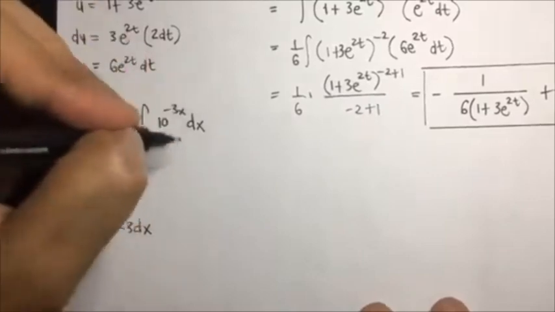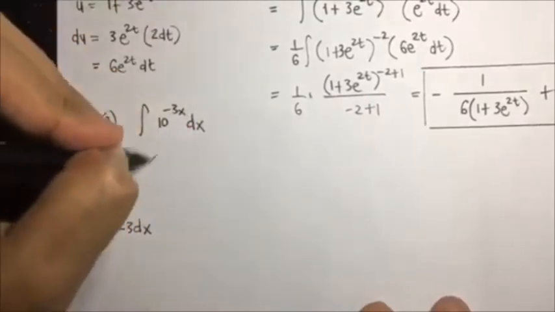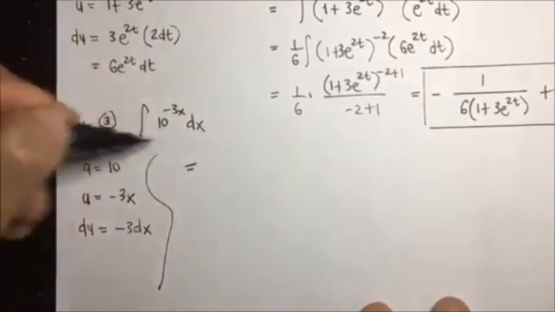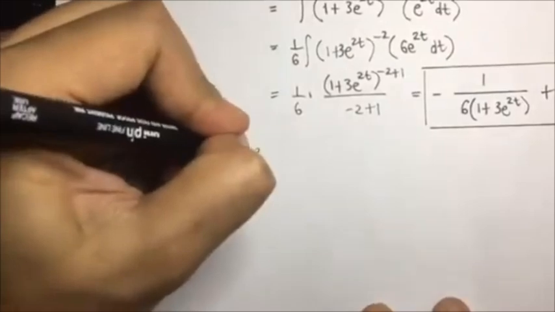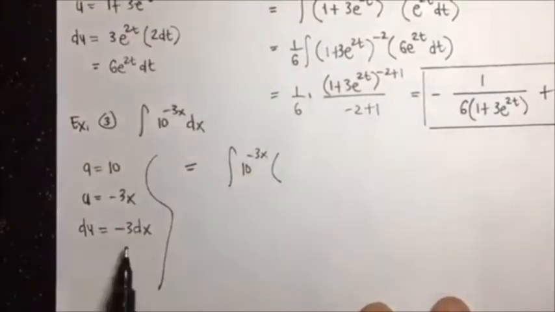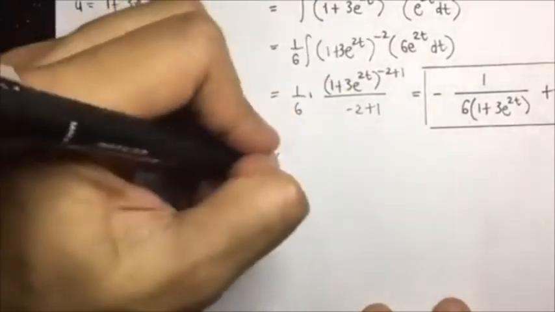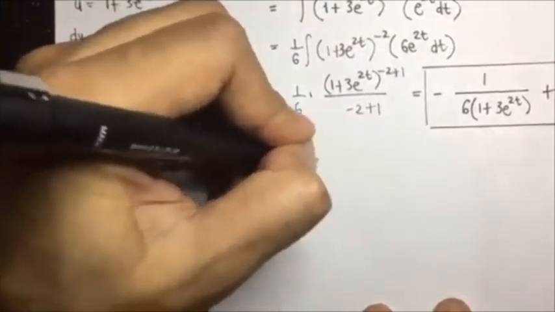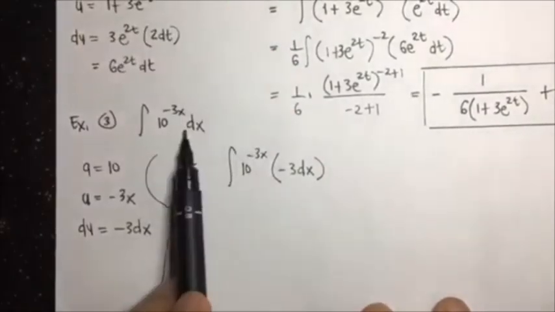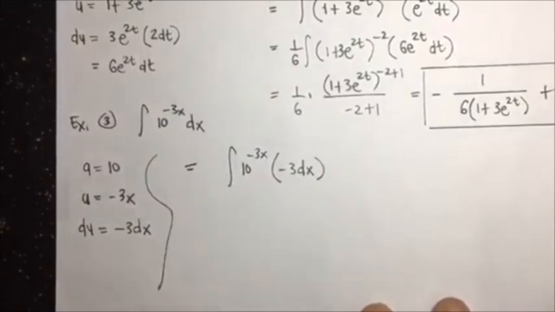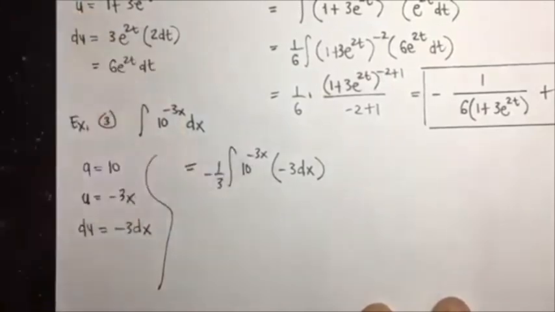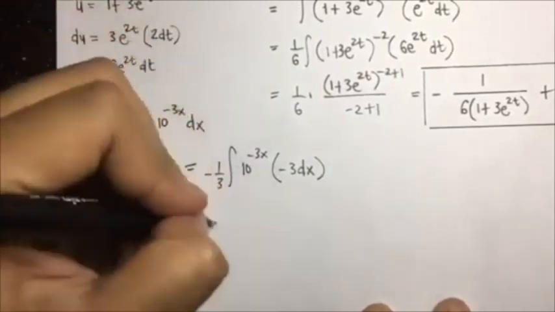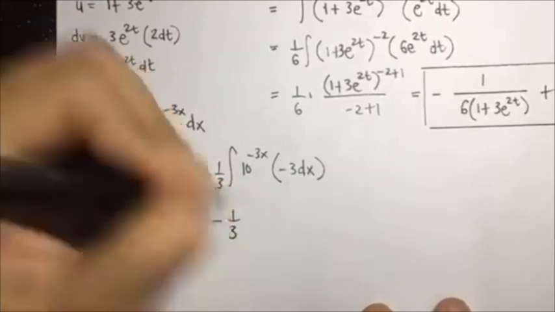Rewriting this, it becomes the integral of 10 raised to negative 3x, and the differential part must be negative 3 dx. Since we multiplied negative 3 in here, outside we must multiply by the reciprocal of negative 3, which is negative 1/3.